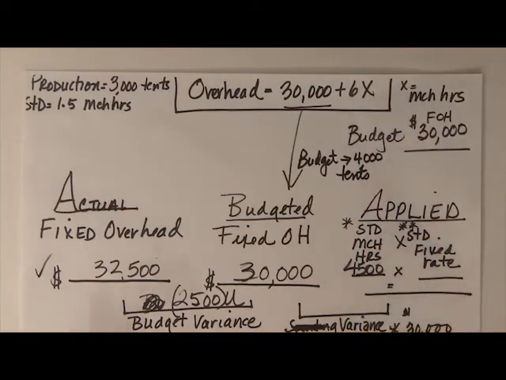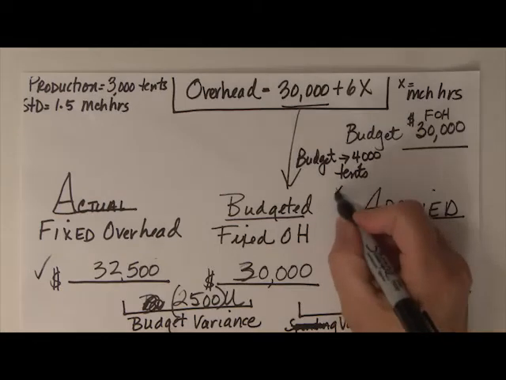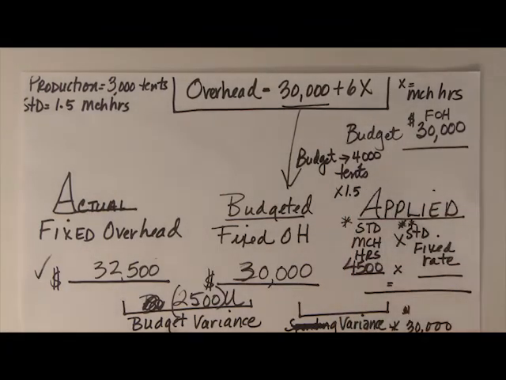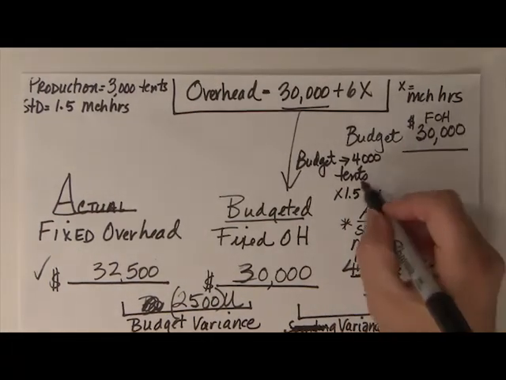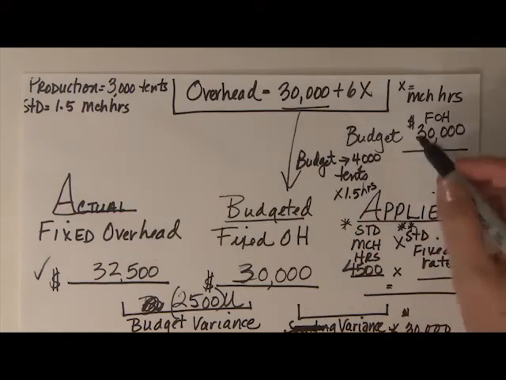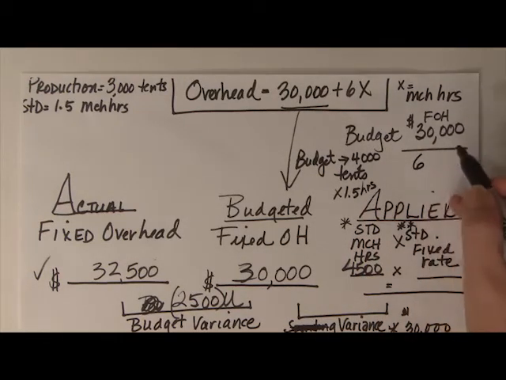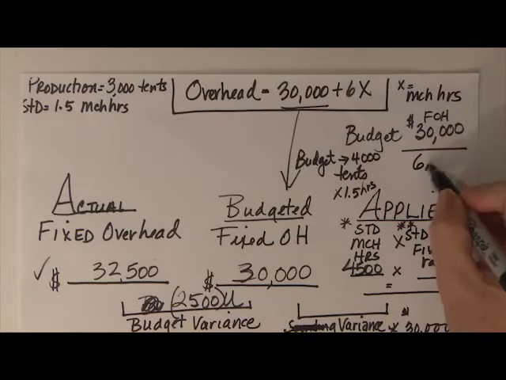So if it's 4,000 tents that they put in the budget to produce, and each of them takes 1.5 hours, then what we see here is a projection of 6,000 hours on the machine.